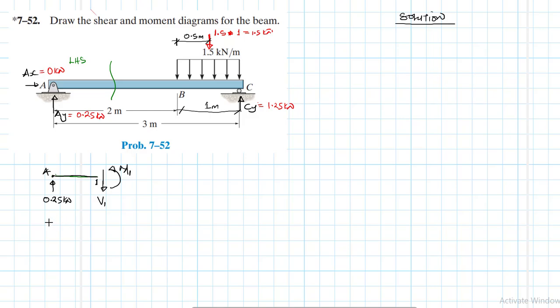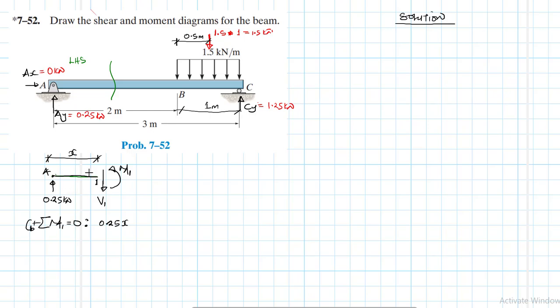If we apply the equations of equilibrium, let's take summation of moment about point 1. We have 0.25, and of course this dimension here is x, so 0.25 times x.